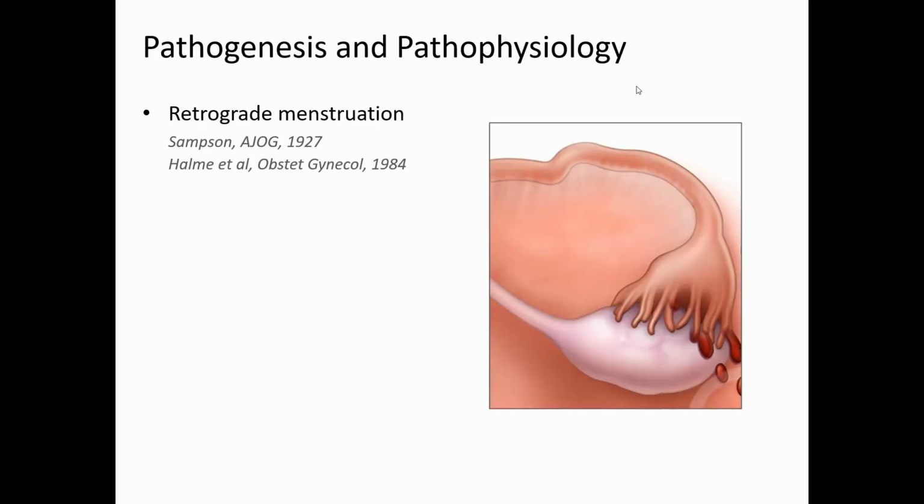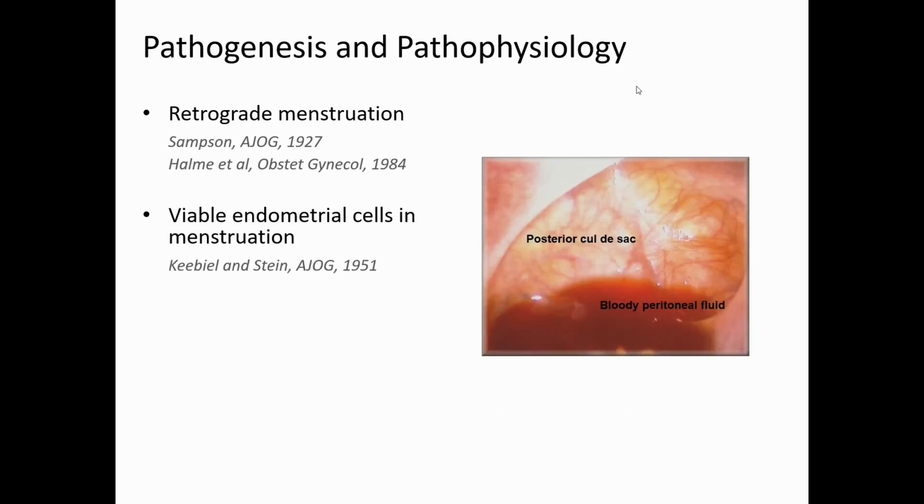So collectively, to wrap up pathogenesis and pathophysiology of endometriosis, it starts with retrograde menstruation. We talked about the prevalence of the phenomenon of retrograde menstruation, and that being a prelude or a prerequisite, I should say, to the development of the disease condition.